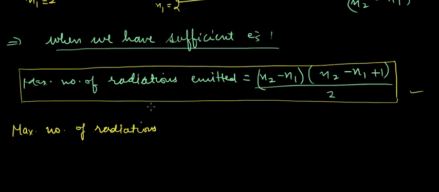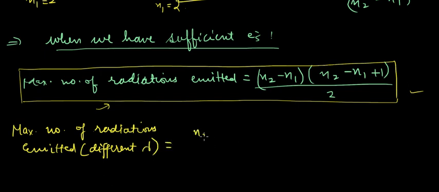We are seeing the derivation of the above stated formula, that the maximum number of radiations emitted, obviously of different wavelength, would be: first n2 minus n1, then n2 minus n1 minus 1, and so on up to the n1 plus 1 excited state.